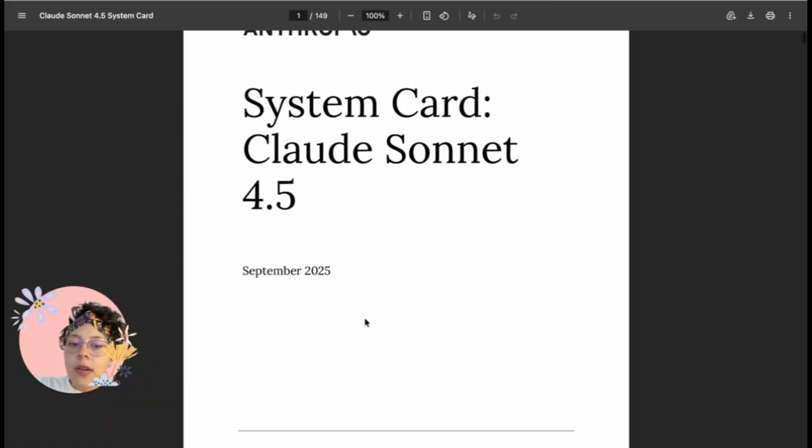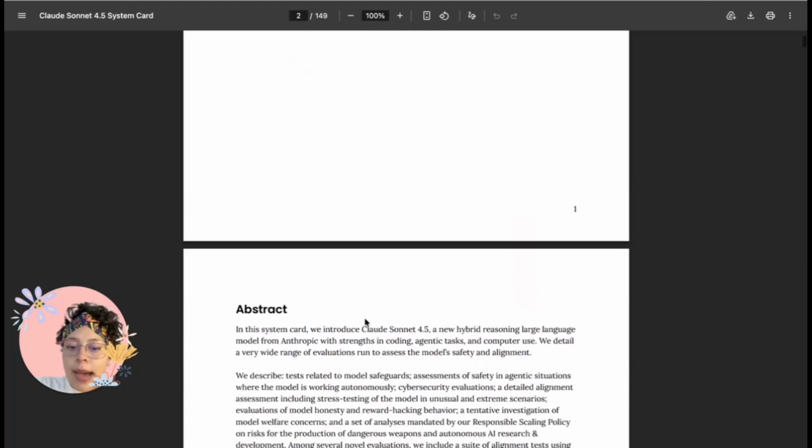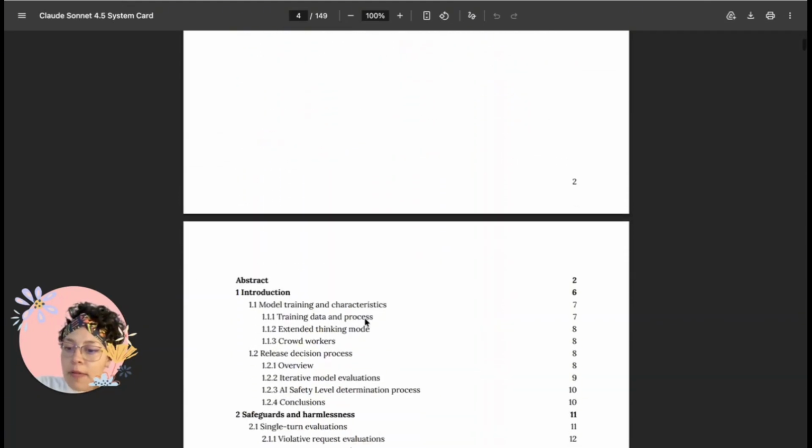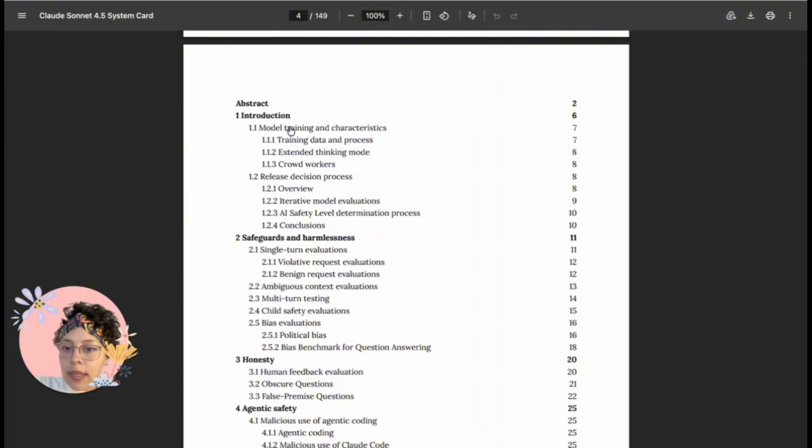The system card is all the information that they provide about how they perform or develop their system, all the model training, the safeguards, and all the evaluations they perform about how the system is performing.